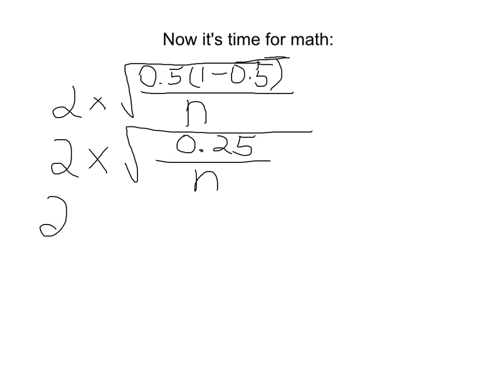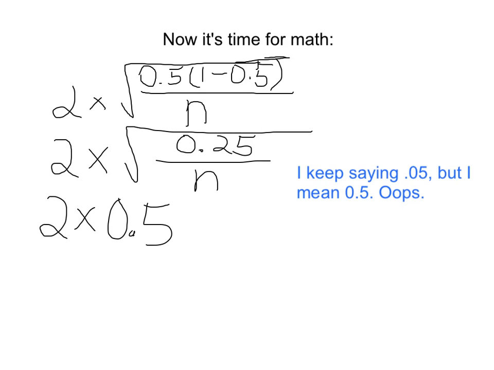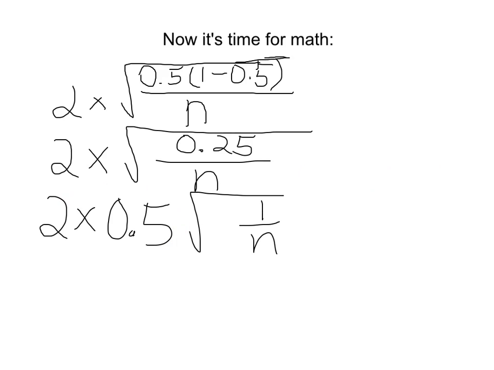So I'm going to keep the 2 here, and we'll bring 0.5 out front, and then we've got the square root of 1 over n. Here's the easy part. 2 times 0.5, what's 1/2 of 2? Very simple. That's just 1.